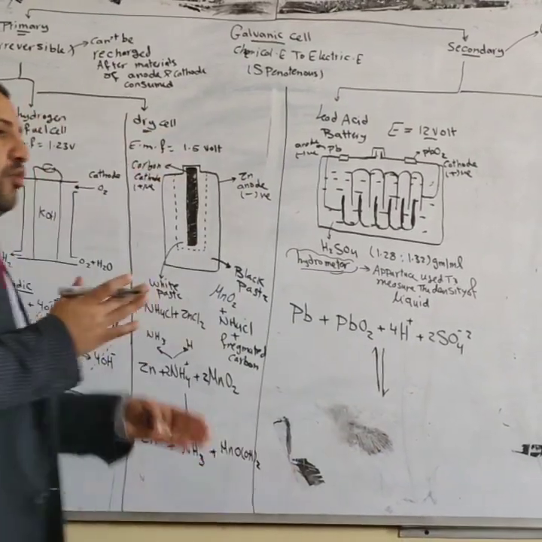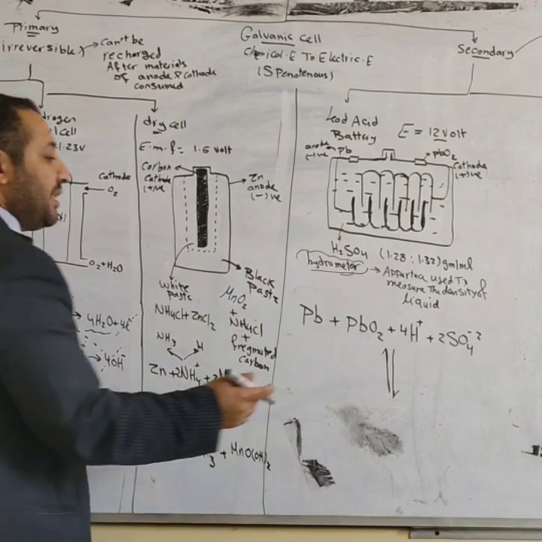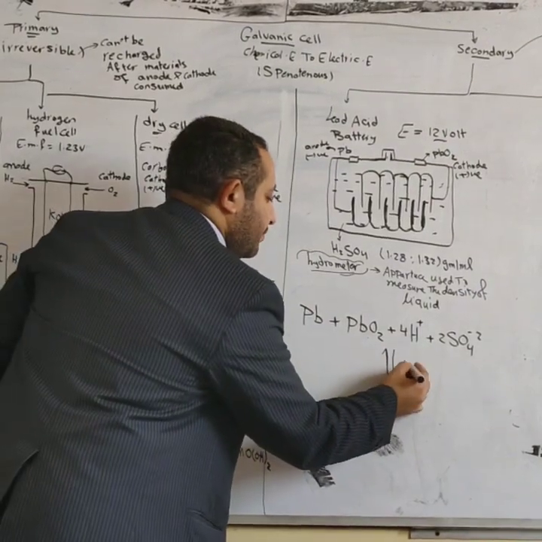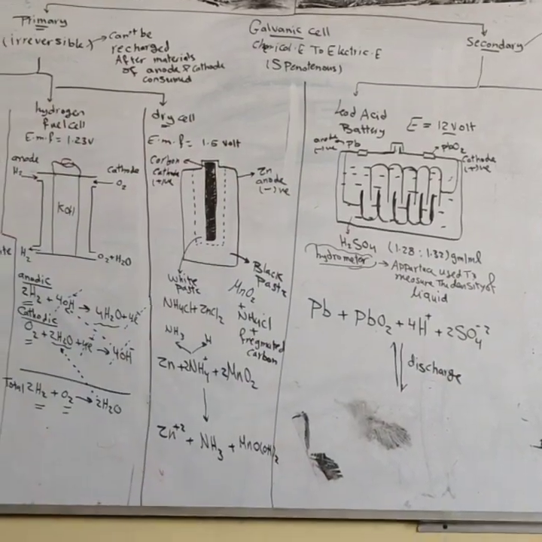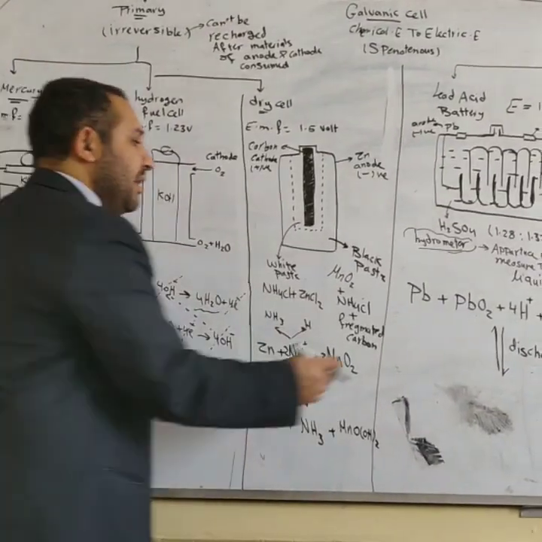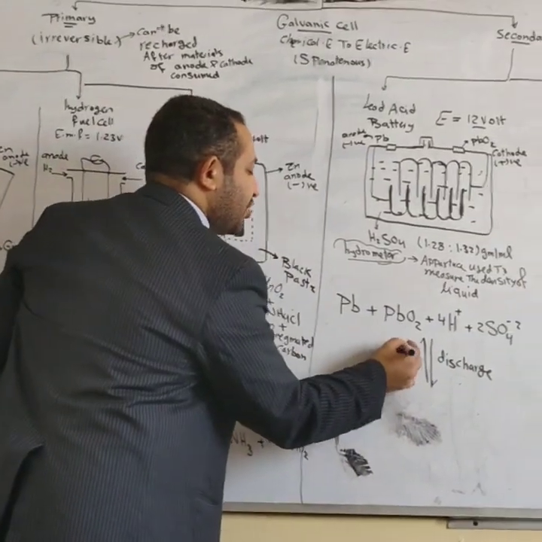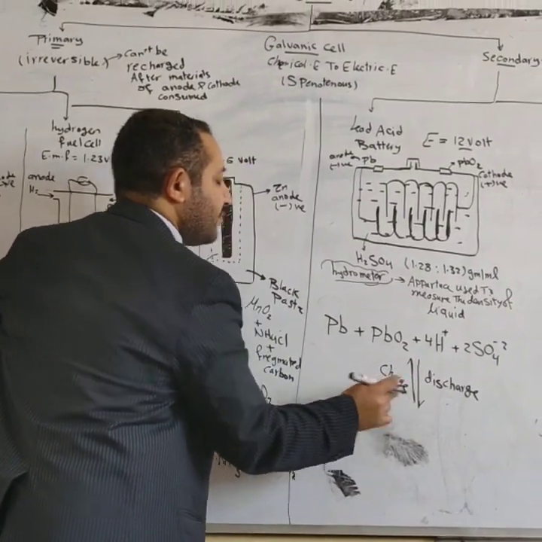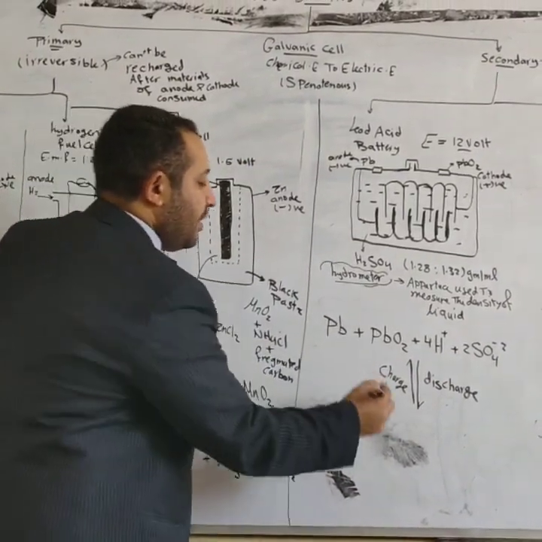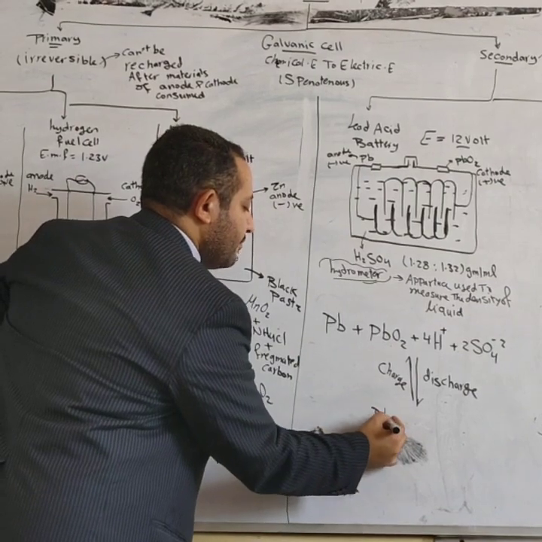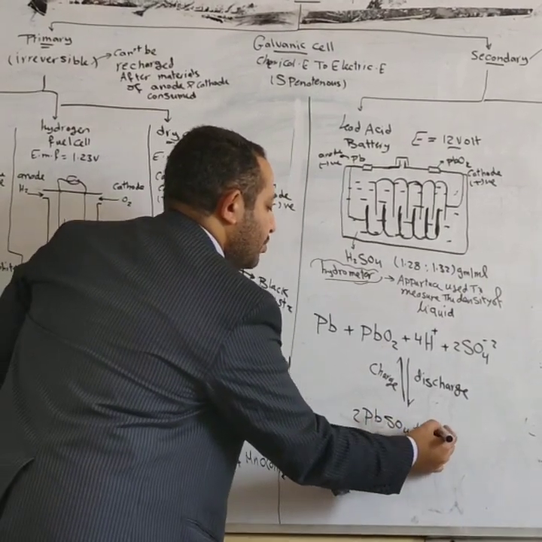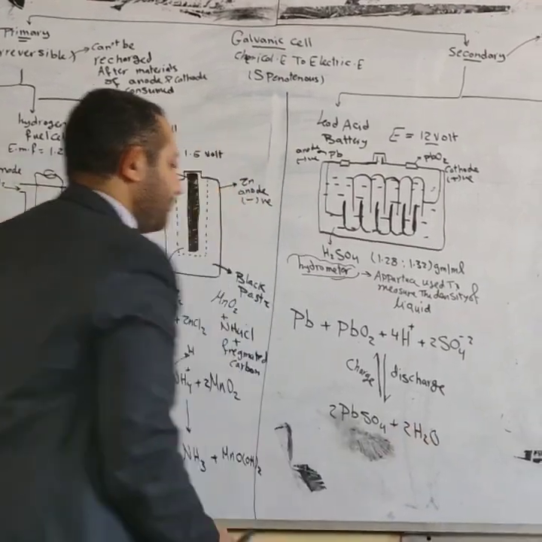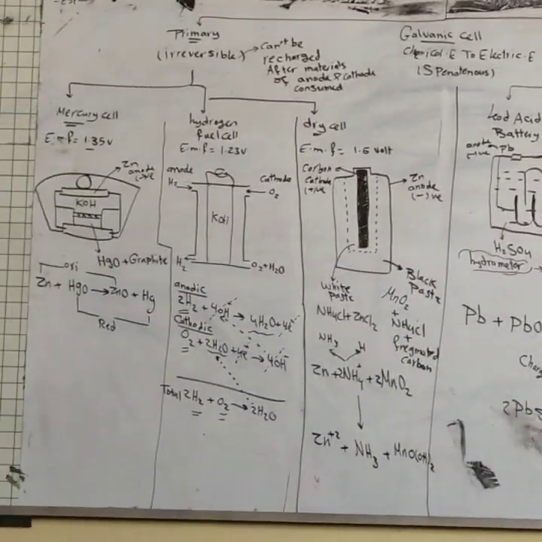The reaction will move in 2 directions. First is called the discharge. Discharge means I obtain electricity from it. The other direction is called the charge. We will find PbSO4 plus 2 water molecules formed.